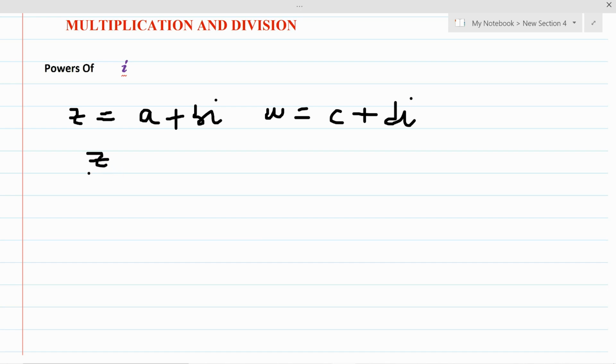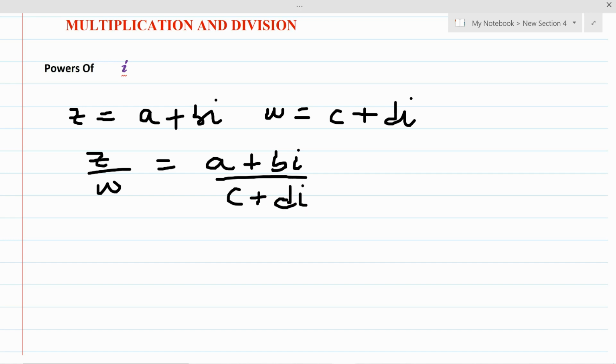So I have z over w. How do I find the division? This is equal to a plus bi over c plus di, right?